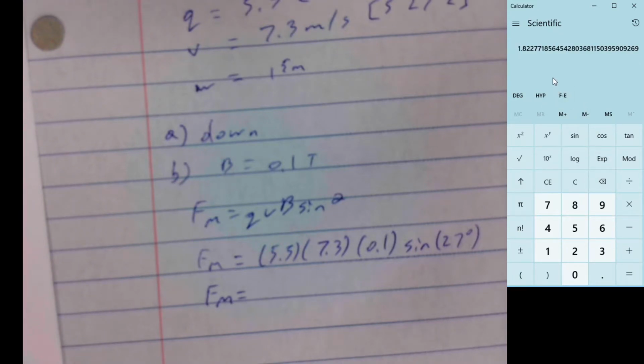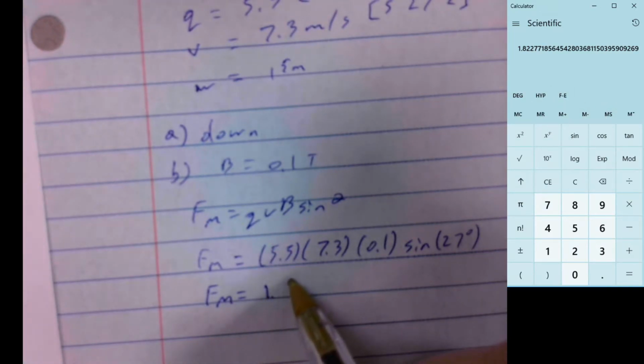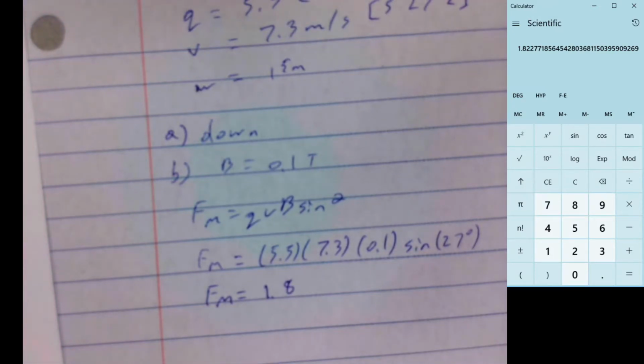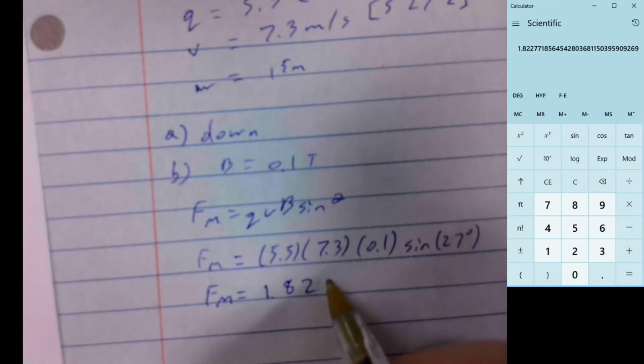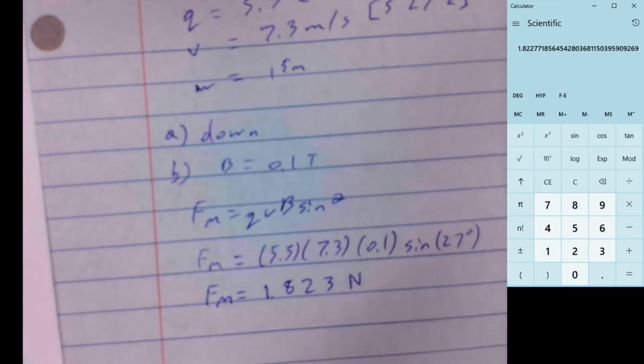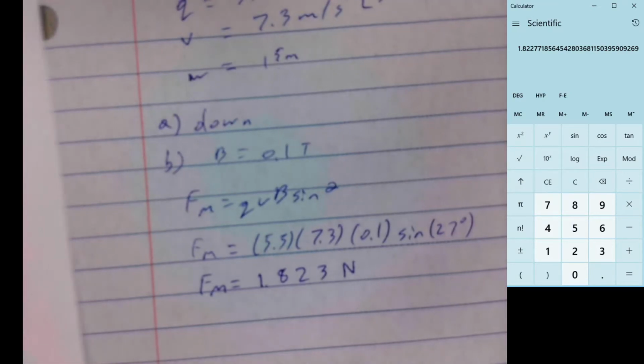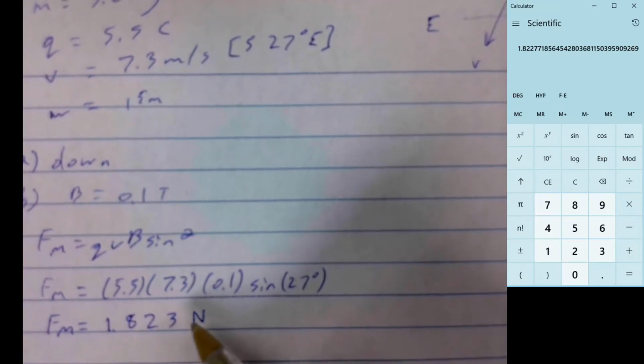And it's 1.8 newtons. I'm going to save this in my memory here, 1.823 newtons. I'm going to keep it there because that's just an intermediary solution. Now, that's just my force going down.